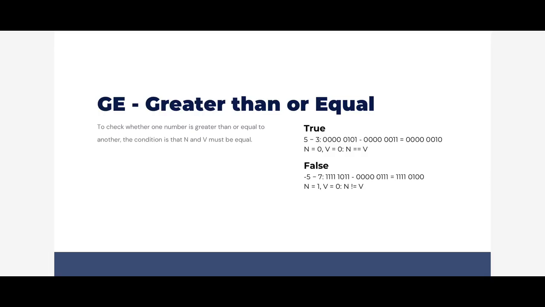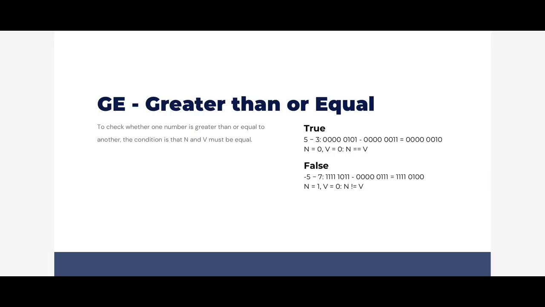And as we see, there is no negative flag because the most significant bit is 0. And it makes it obvious that the negative flag and overflow flag are 0. And this means equality. In the other case, we subtract 7 from -5 and we get a result.